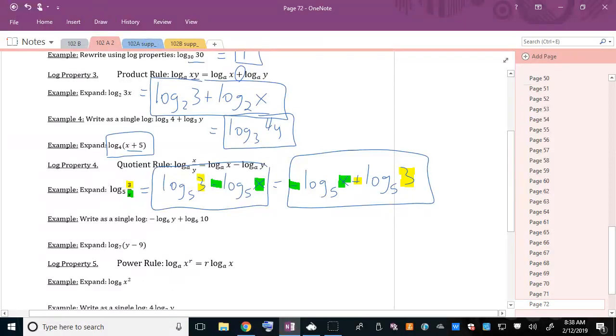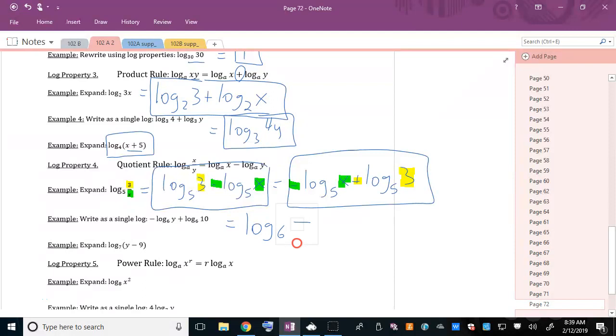So as I go the other direction, so again, I would like to write as a single log, negative log base 6 of y plus log base 6 of 10. So we know we've got log base 6. Because the log of y is negative, the y is going to go on the bottom.